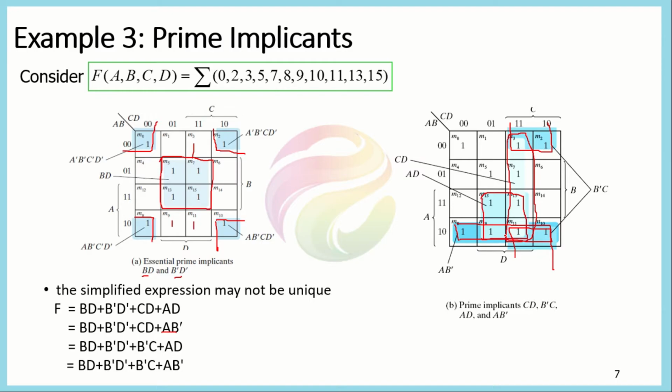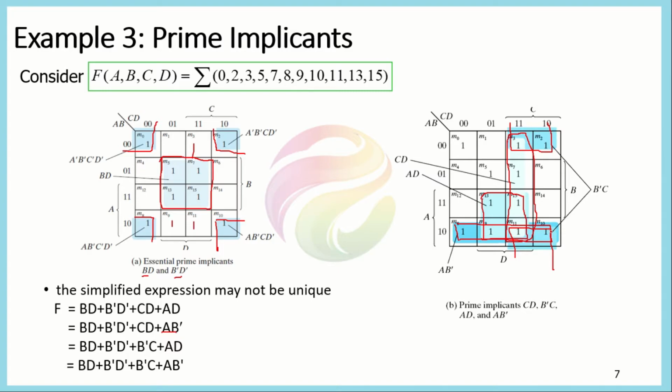There are some other possibilities of terms here, like if you combine this square of 4, this term will give us a value of say CD.